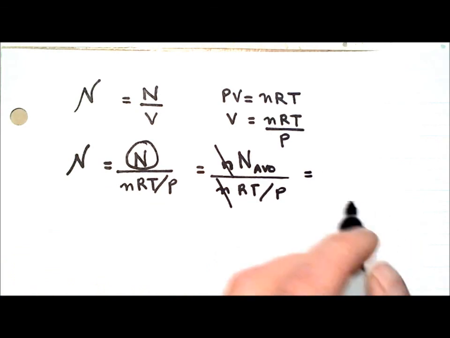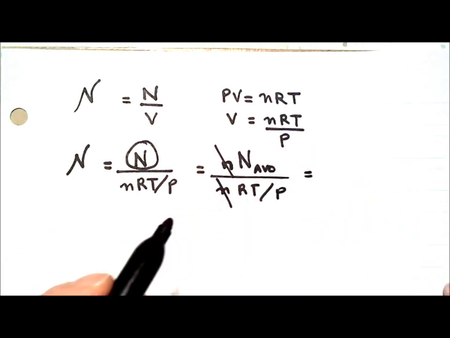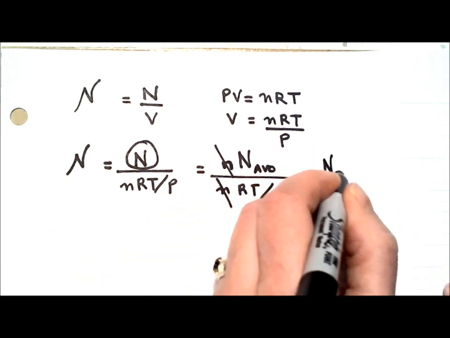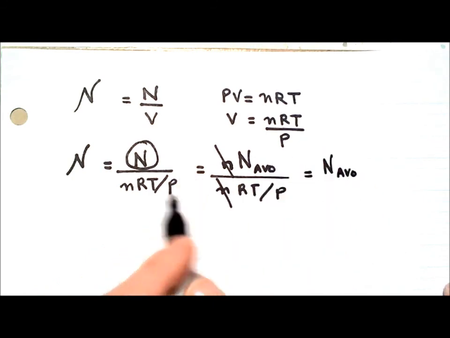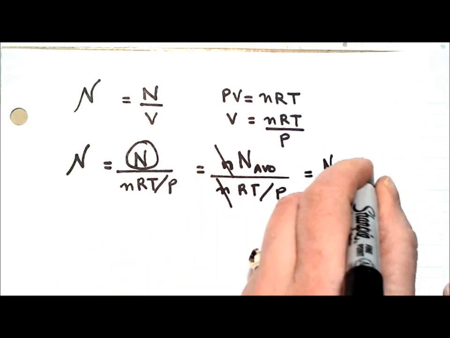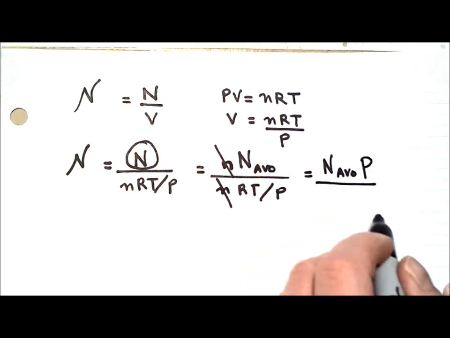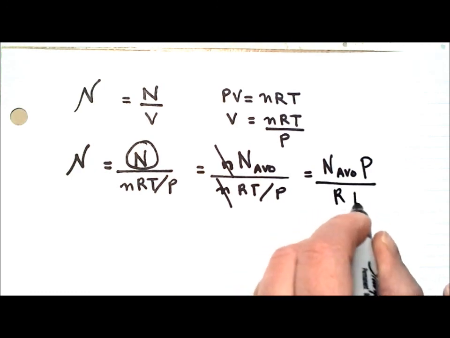Now my number density is equal to Avogadro's number. I'm going to bring pressure up here and divide that by RT.